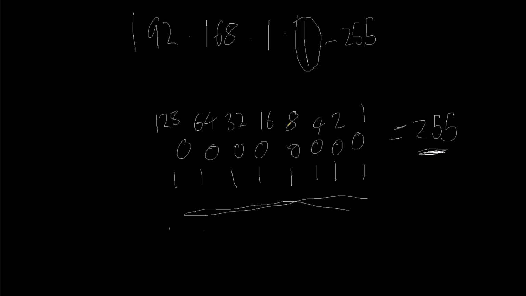Now, you might be thinking, well, a network might have more than 255 computers. What happens at that point? Well, at that point, you would change how this works. I'm not going to go into it because you don't need to know, but you can have a different type of network.